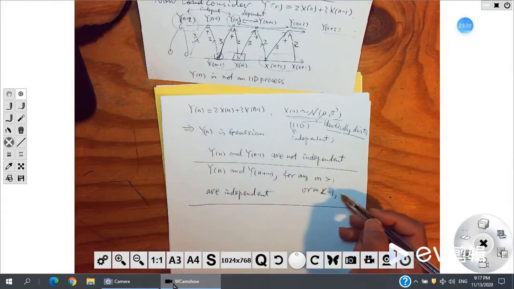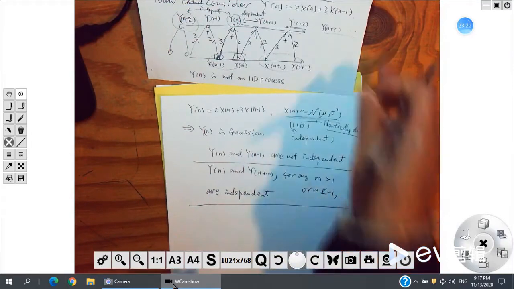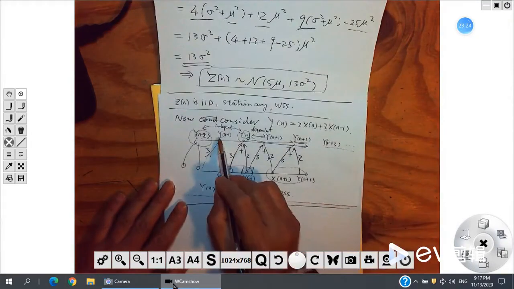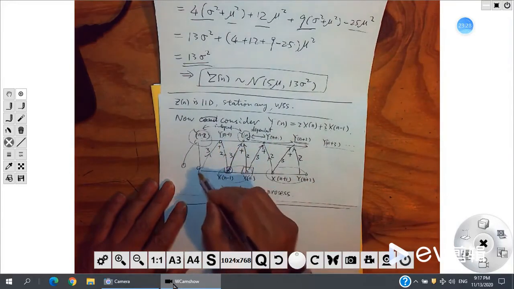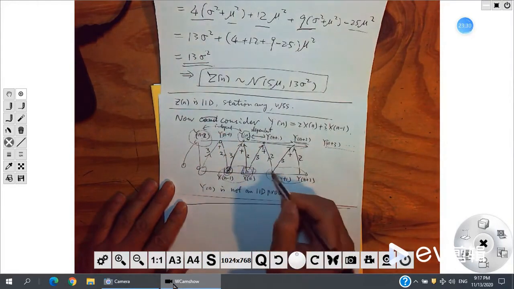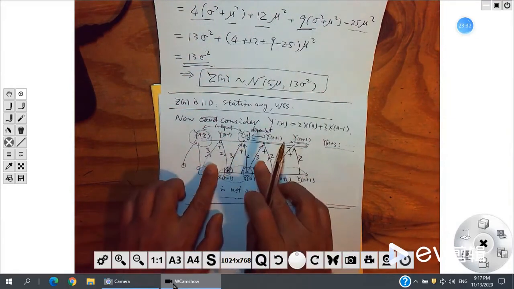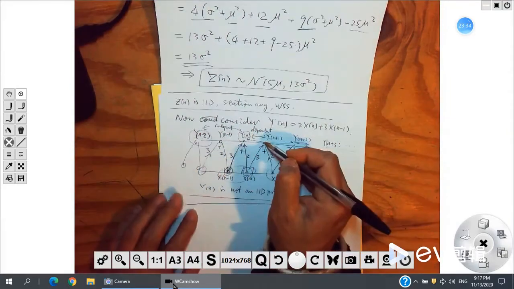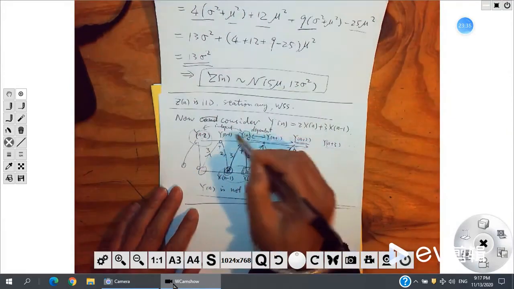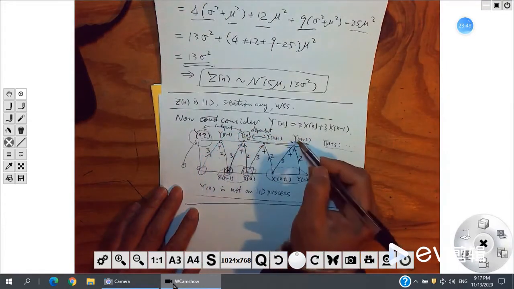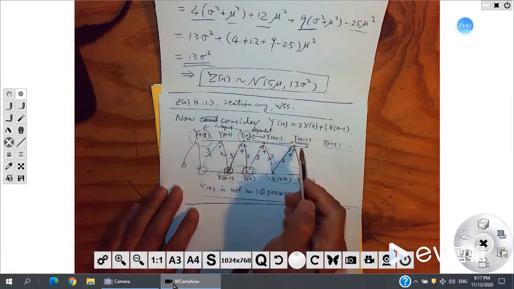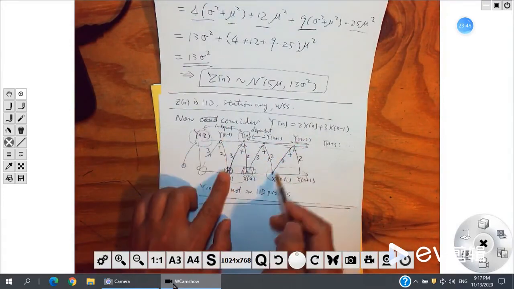Alright, you got it? Just like y of n minus 1 and y of n plus 1. These two are separate, so they are independent. Now the difference between these two indexes is 2. And when the difference between indexes is 3, we consider these two random variables also independent.